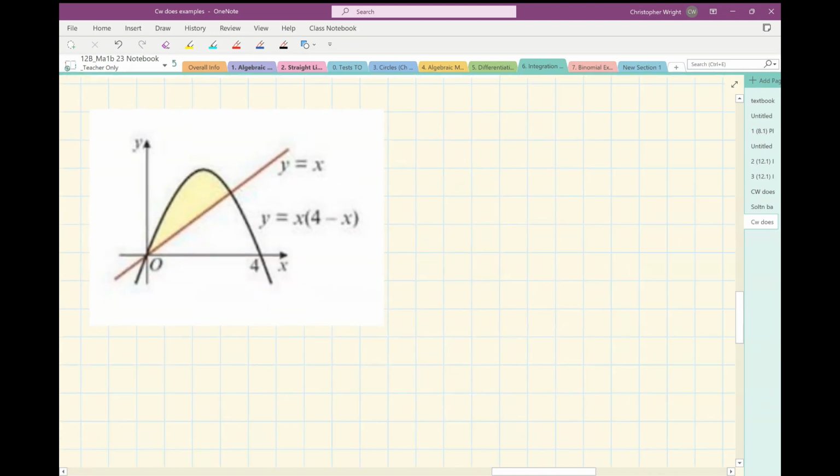Right, now, how are we going to do this? Well, what we're going to do is cut our graph off here. And we're going to find the area of this entire yellow region by finding the area under the curve between when x is 0 and x is whatever this is here.